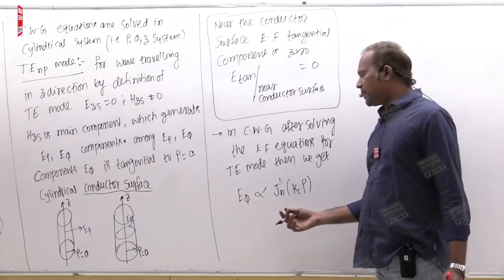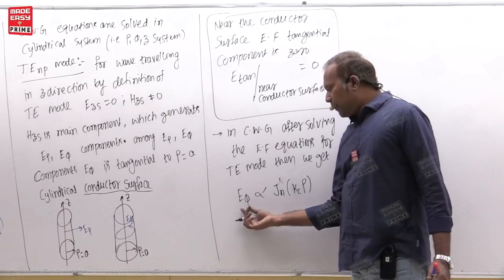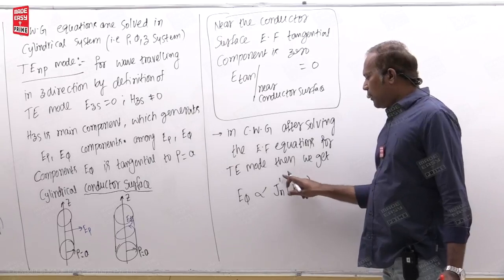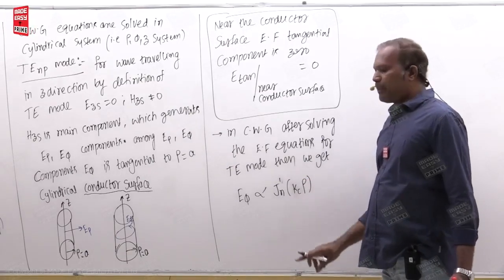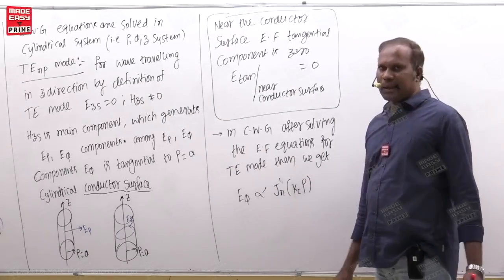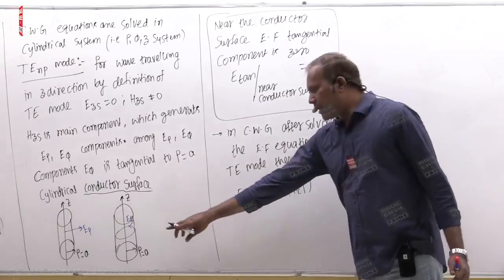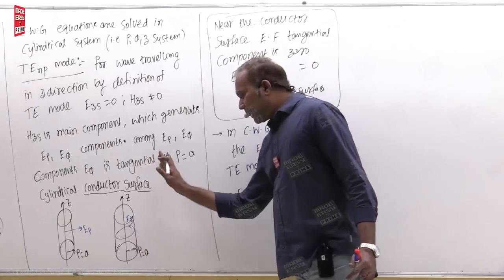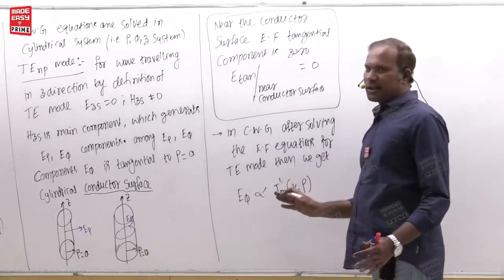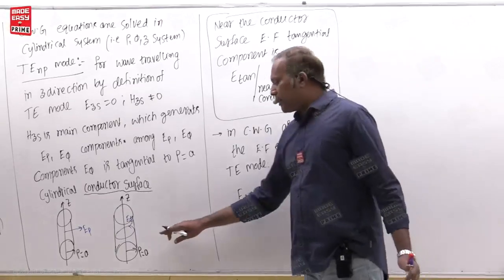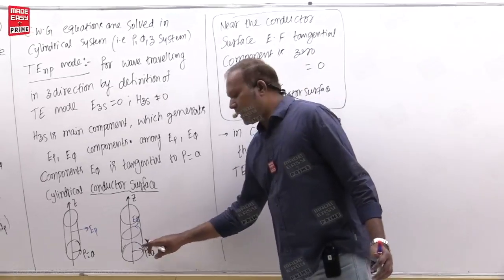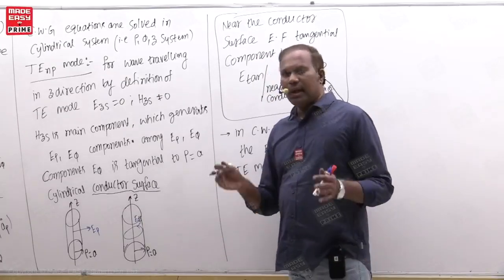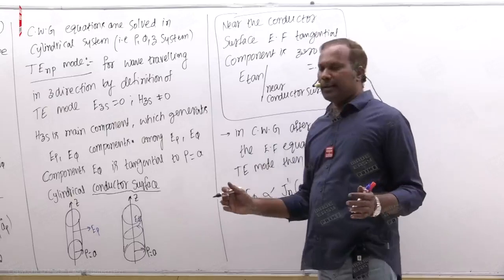So after doing derivations, we get electric field phi component in circular waveguide is proportional to the first derivative of nth order Bessel function. Here kc is cutoff wave number, rho is variable here for the circular waveguide. Rho varies from 0 to a, but near the conductor surface rho value is fixed, that is a.